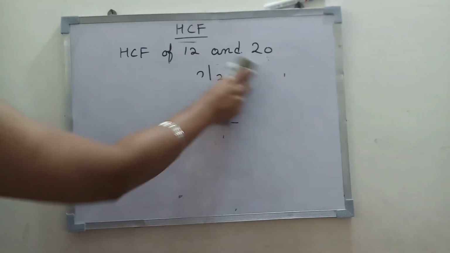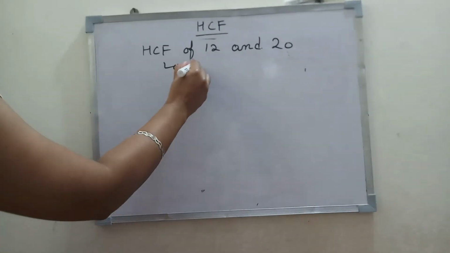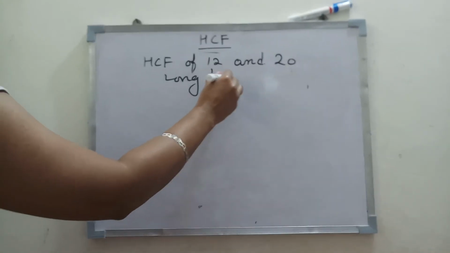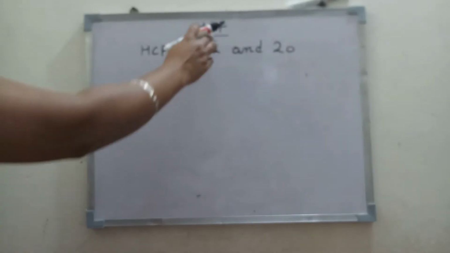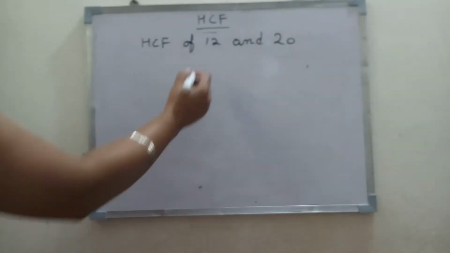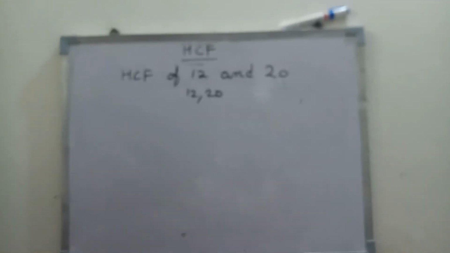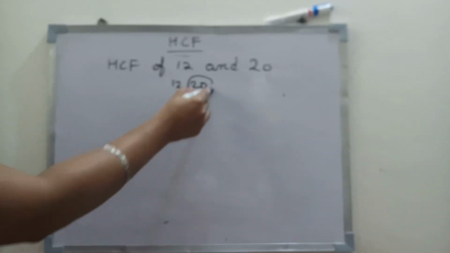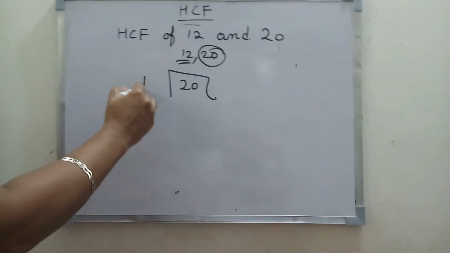Now we will discuss the third method, and that is long division. Most of the children get confused in this part. Suppose you have been given two numbers, 12 and 20. Whenever we use the long division method, we take the greater number as dividend and the smaller number as divisor.